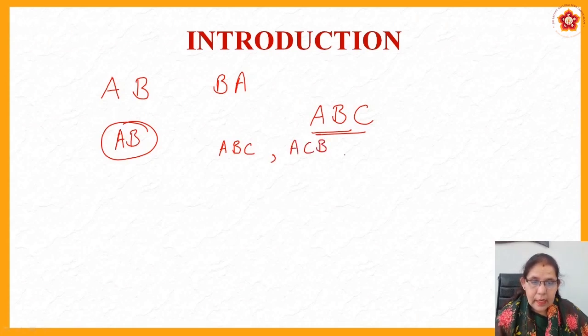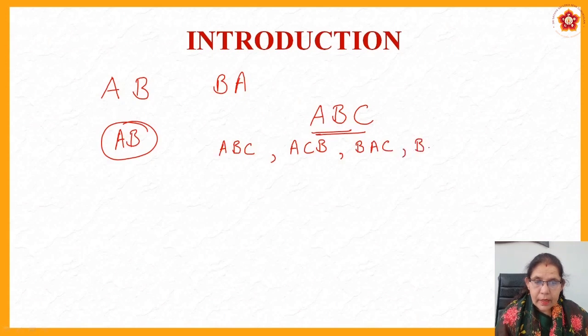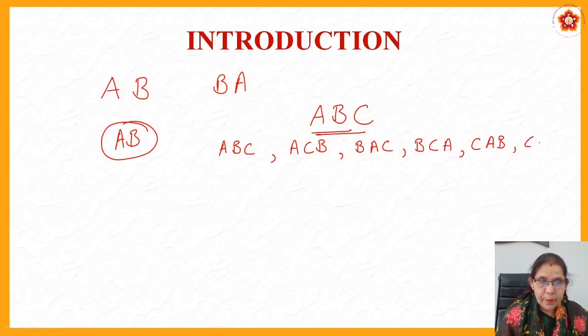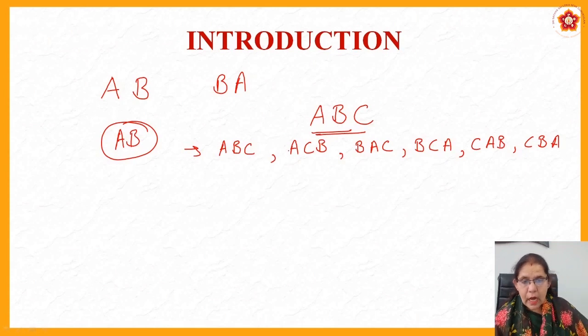Then ACB is another way. Then let's start with B: BAC, BCA. Then we can start with C: CAB and CBA. So these are the 6 permutations.